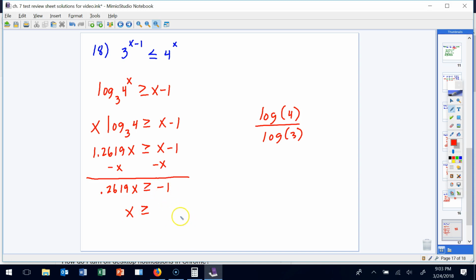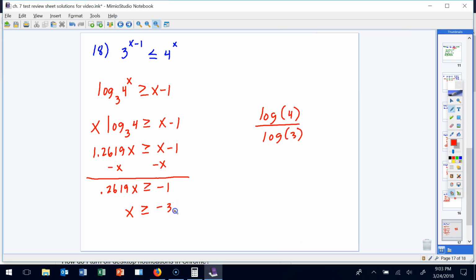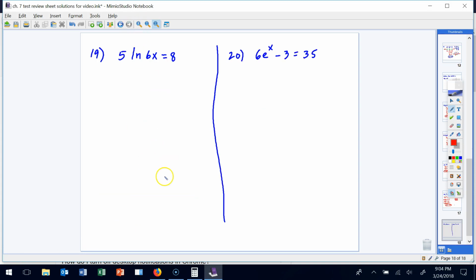So that will be negative 1 divided by 0.2619, and it looks like it's negative 3.8183. Okay, and that's our answer for number 18.